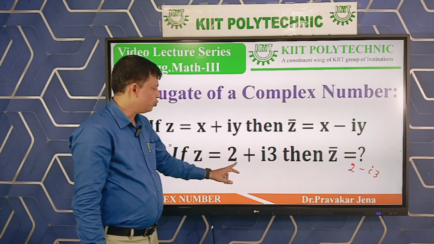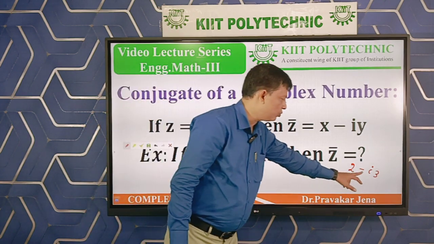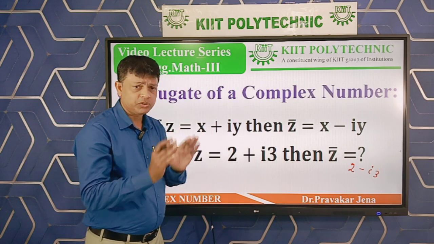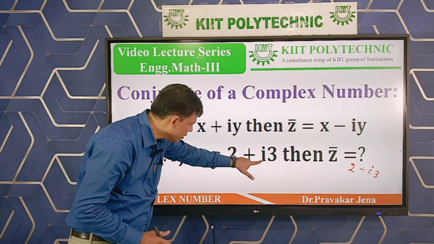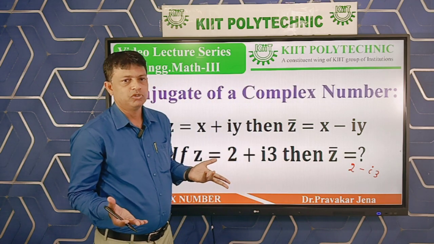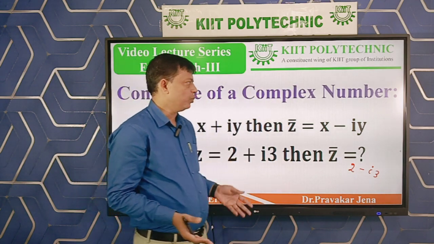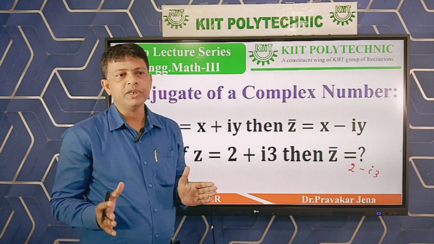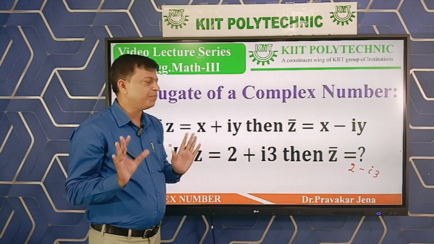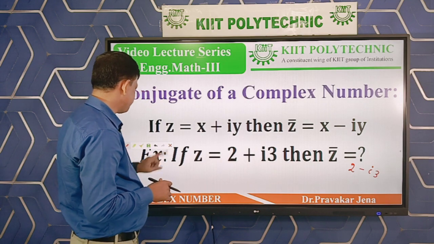We just change the sign of the imaginary part, or the sign before i. What is the sign before i? Plus. You can change it to minus i. So you will get the answer. Very simple. The conjugate of a complex number means, just remember, change the sign before i. Now we'll go for the next part.